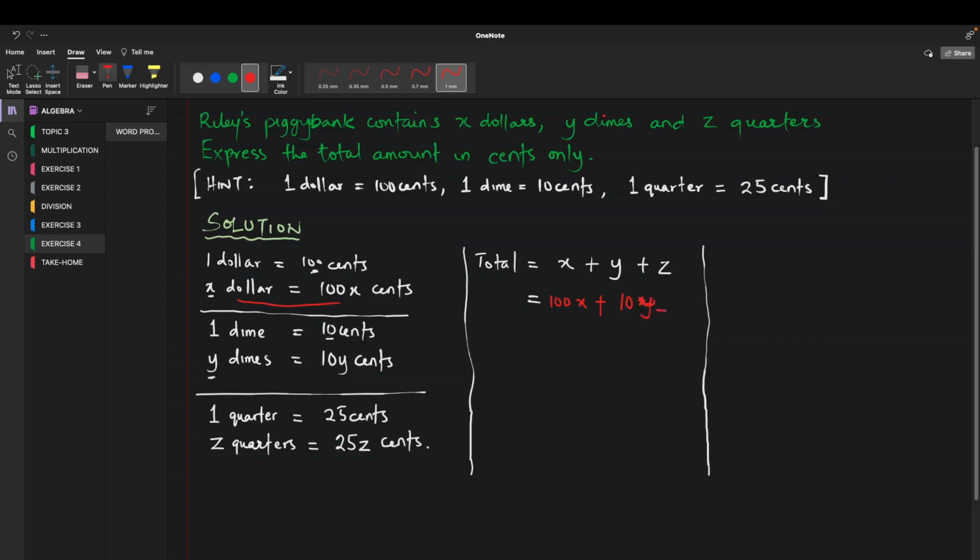And finally, what does our z quarters represent? It represents 25z. Remember, all of these are in cents, right? So the final answer would be 100x plus 10y plus 25z, all in cents. So this is our final answer.